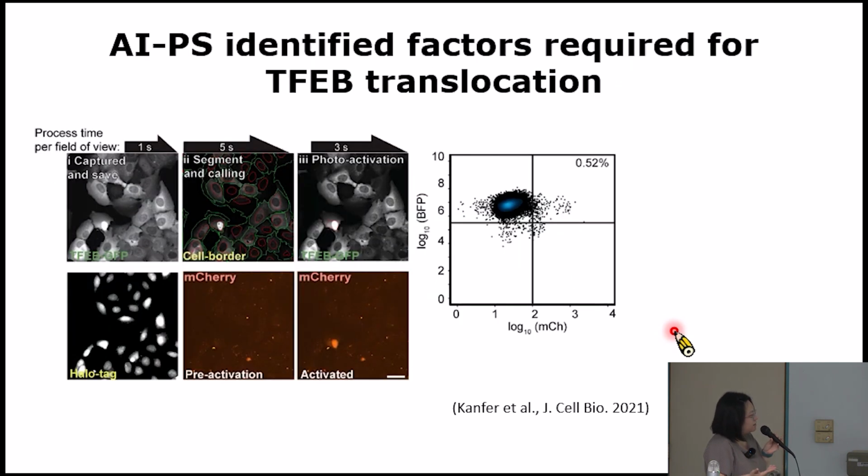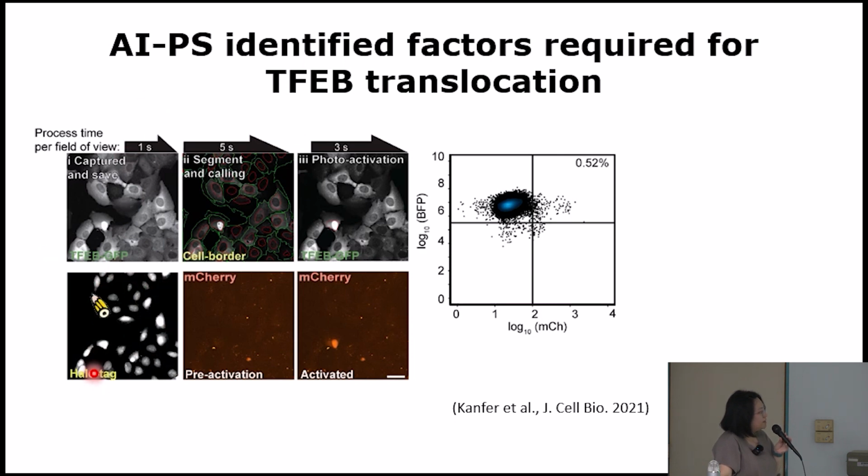So this is approximately how it looks. In the top left panel is the TFAB-GFP signal. And in order for the AI program to accurately segment the nuclear area versus the cytosol, they also introduced a nuclear marker.